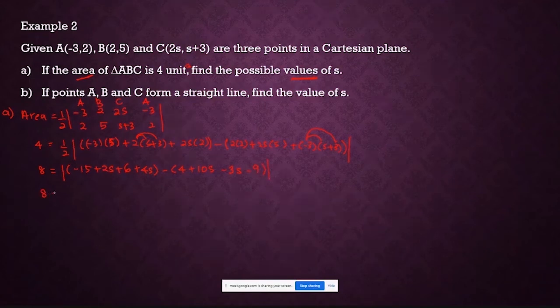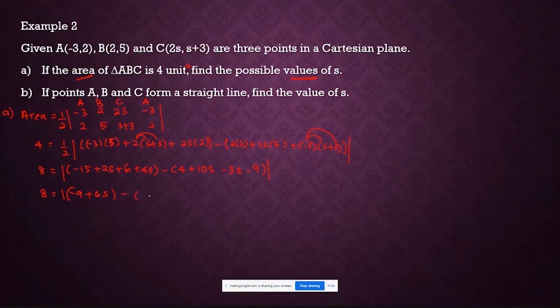So it equals the first part, numbers with numbers: -15 plus 6 is negative 9, plus 6s.